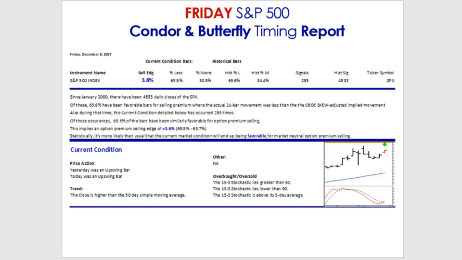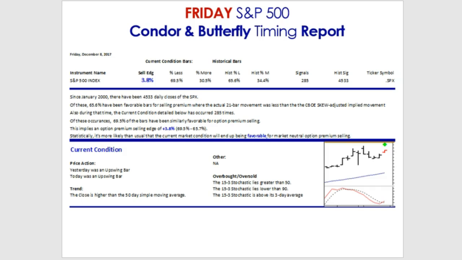Since January of 2000, we've had 4,533 daily closes of the S&P 500. Now, of those 4,533, 65.6%, almost two-thirds, have been favorable bars for selling options premium, where the actual 21-bar movement was less than what was at the time being implied by the CBOE's skew-adjusted VIX.